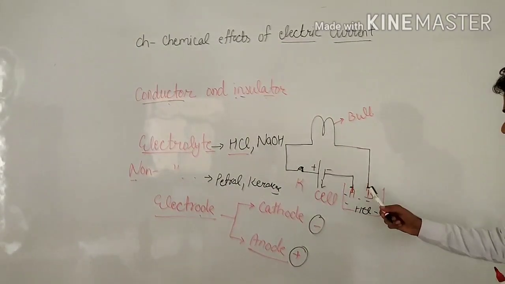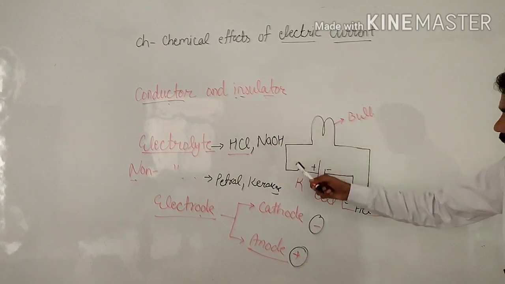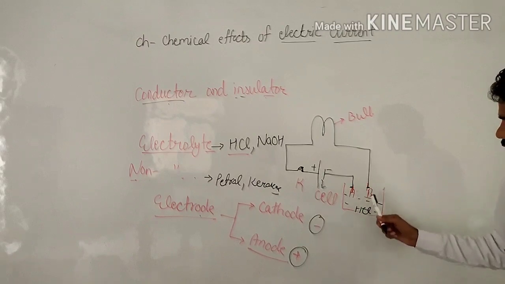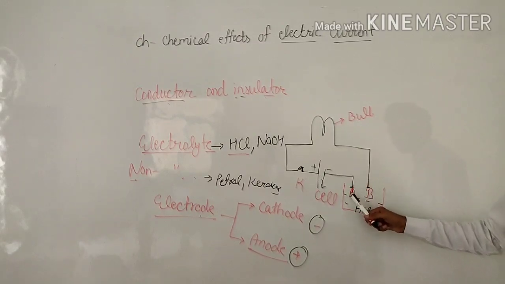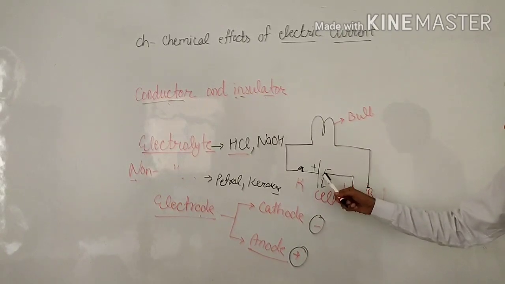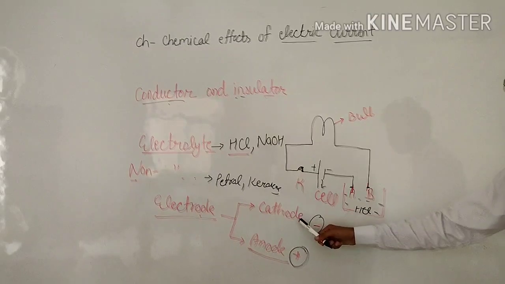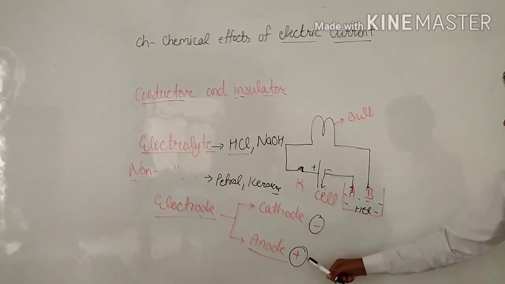So in this diagram, this terminal B is connected with the positive terminal of the cell. So this is the anode, and this terminal A is connected with the negative terminal of the cell. So terminal A is known as cathode and terminal B is known as anode.